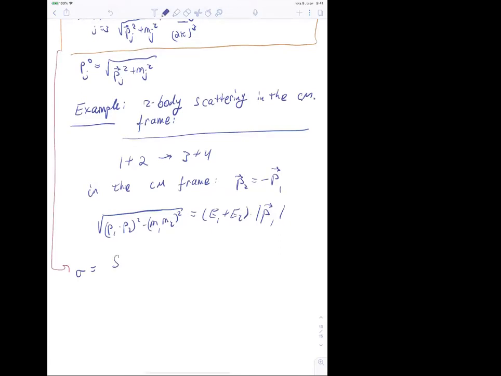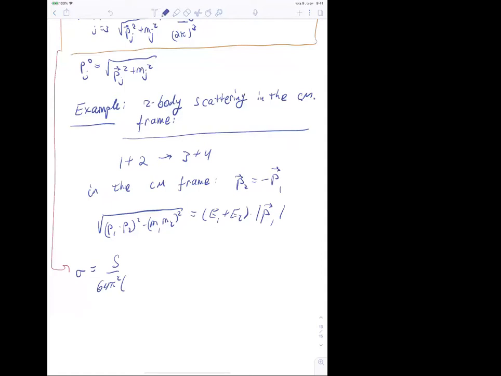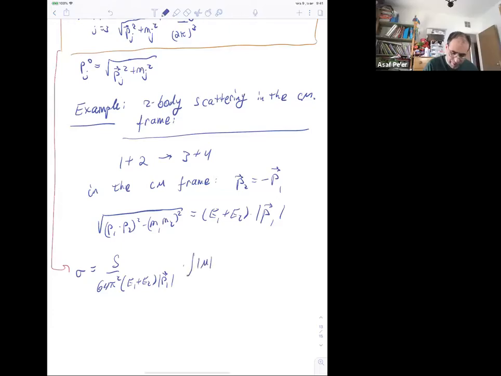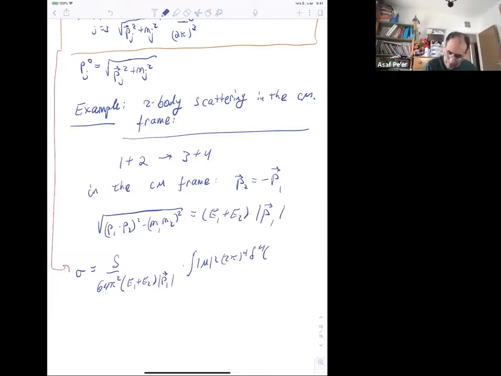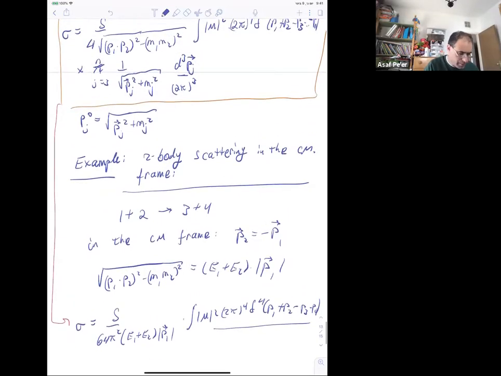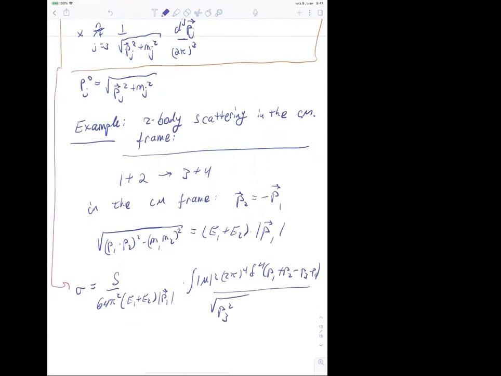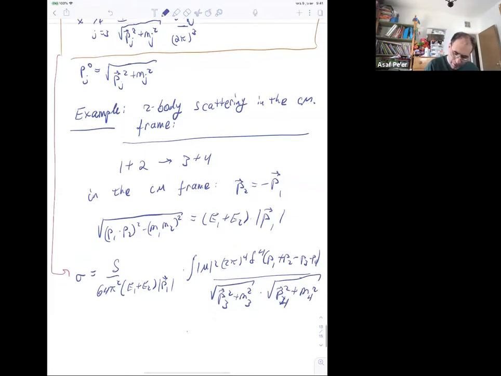Sigma is S over 64 pi squared P1 plus C2 P1, and then the integral of M squared (2 pi)^4 delta^4(P1 plus P2 minus P3 minus P4), divided by, as we had here, the square root of P3 squared plus M3 squared, then the square root of P4 squared plus M4 squared, and then the integral d cubed P3 d cubed P4.